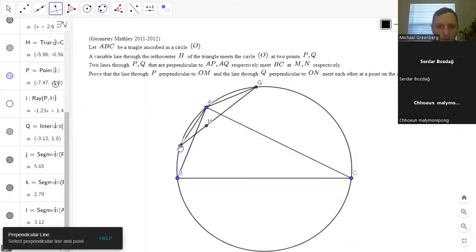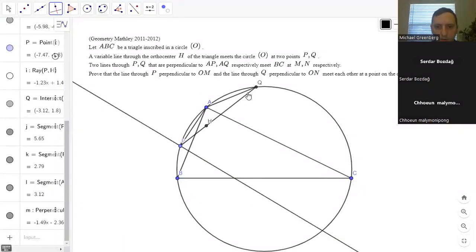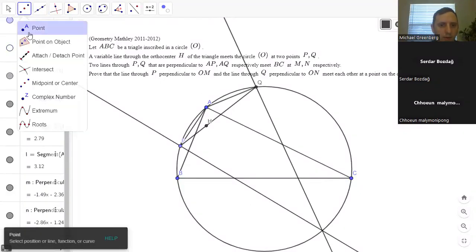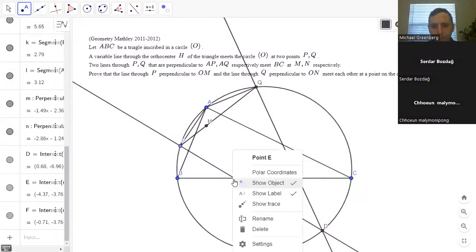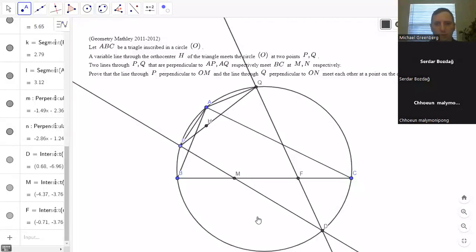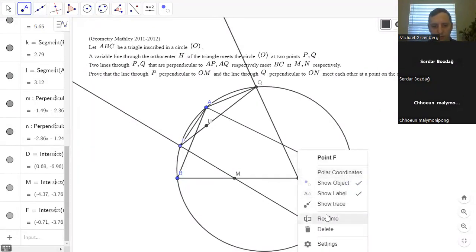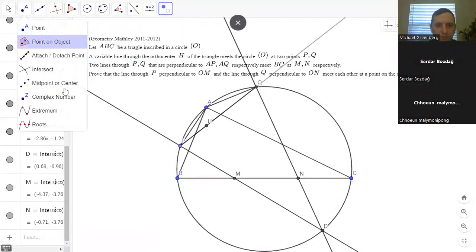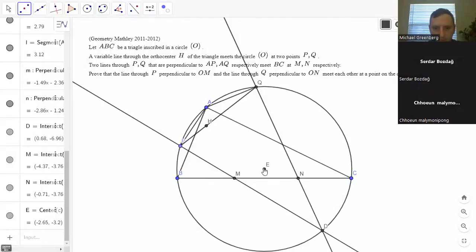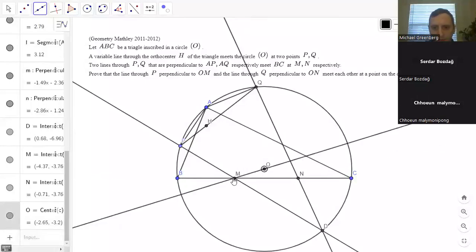We want this line. So these two are going to meet on the circle, obviously, at the antipode of A. And we're saying they meet BC at M and N. So this is M, this is N. And then we still need to draw O. This is O. And OM and ON.